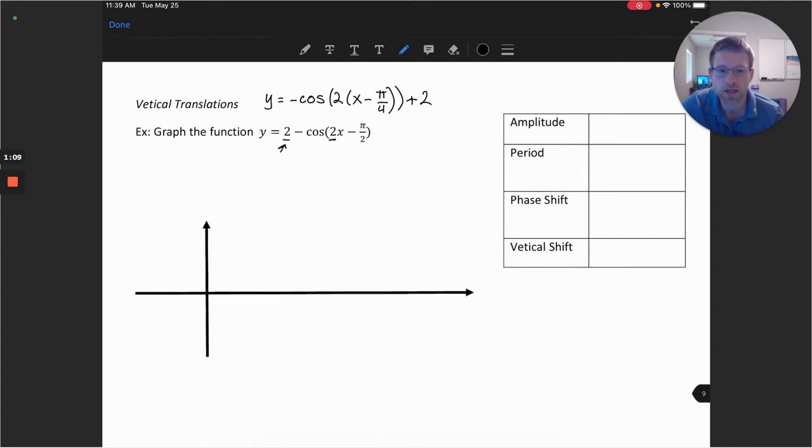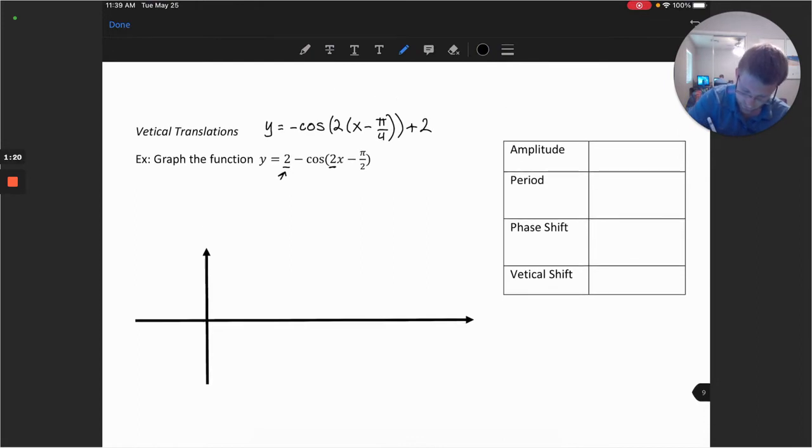So let's take a look at each of these components and then we'll try to graph this in really 2 steps. So first, let's take a look at the amplitude. We know that the a value, we have the b value, this is the negative b over c. And then this is the d value.